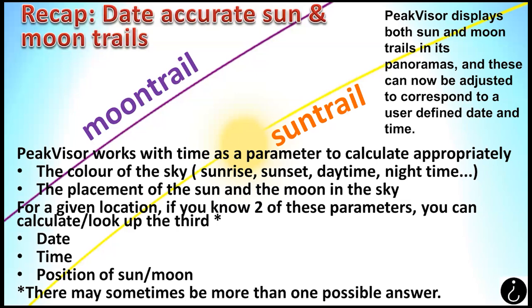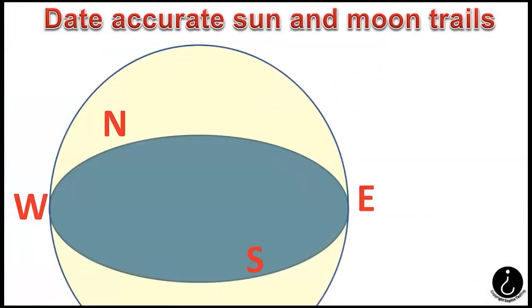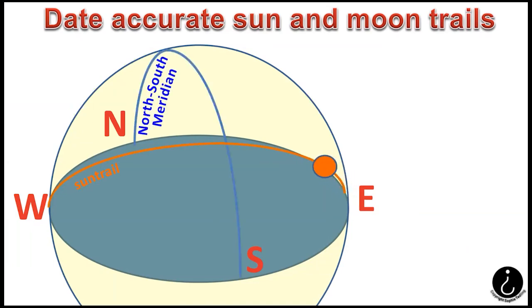So Suncalc gives you a separate interface, whereas PeakVisor draws sun and moon trails in the sky. So just recapping what we're actually looking at is the fact that the sun is moving above us along a trail that is fixed by our location, date and time, and it will very kindly cast a shadow for us, which may show on our images.